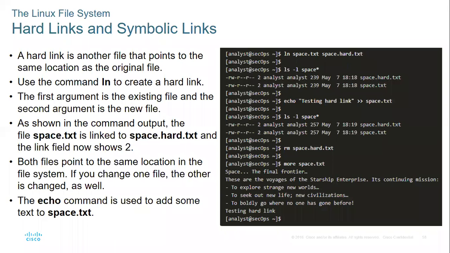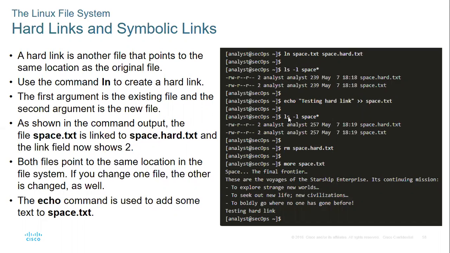Okay, now you can also list, you try to see what is in space. In short, we are going to do this in the lab, but the command echo, when you say echo testing hard link, and then you are pointing to space, here it means that you are adding this sentence to the text.